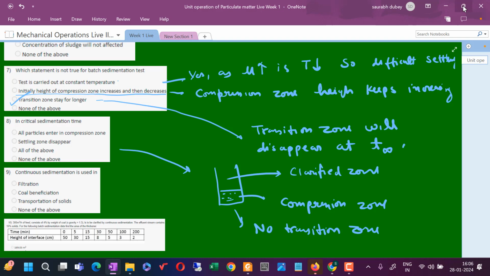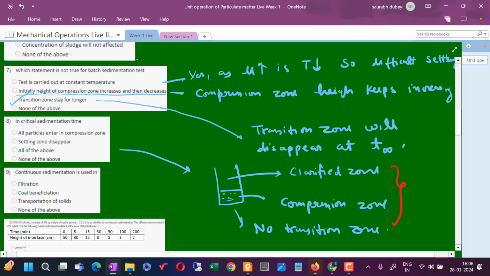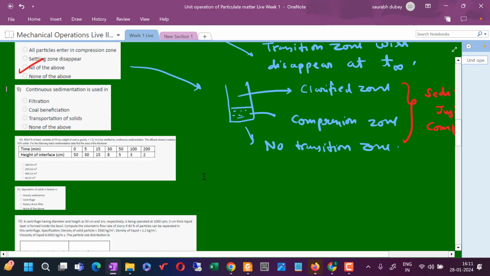Again, one other extra point is that sedimentation is completed. Sedimentation just completed.